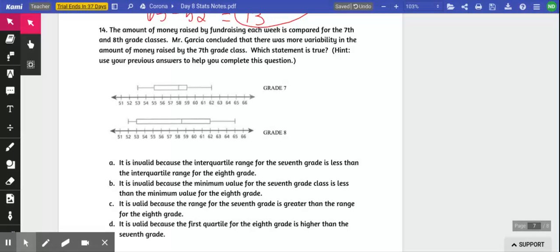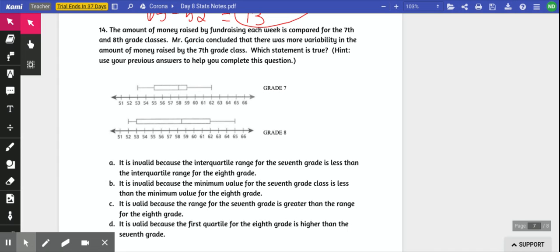Number 14 says the amount of money raised by fundraising each week is compared for the 7th and 8th grade classes. Mr. Garcia concluded that there was more variability or data spread out in the amount of money raised by the 7th grade class. Which statement is true? It says, hint, use your previous answers to help answer this question. So we need to look at the data from question 10 and 11.